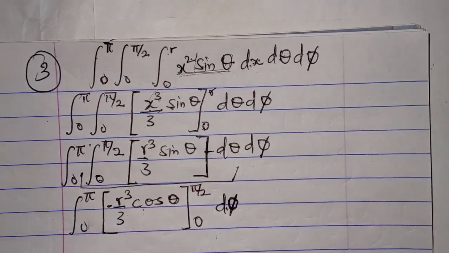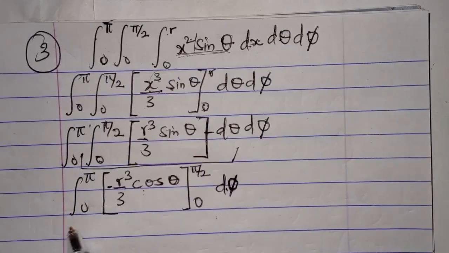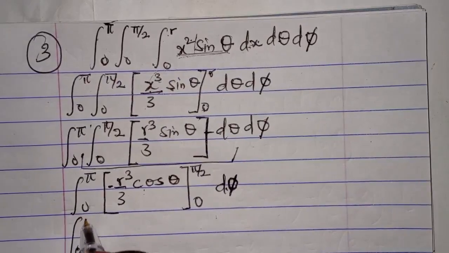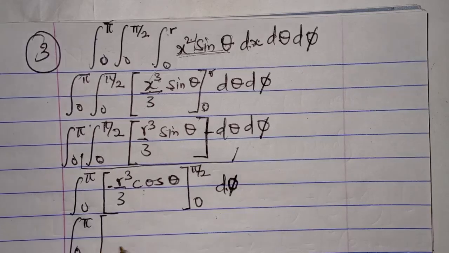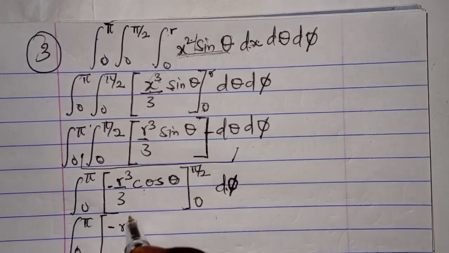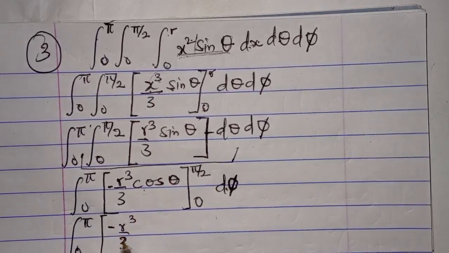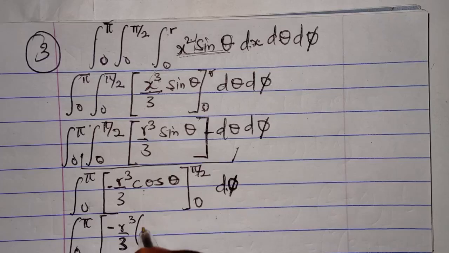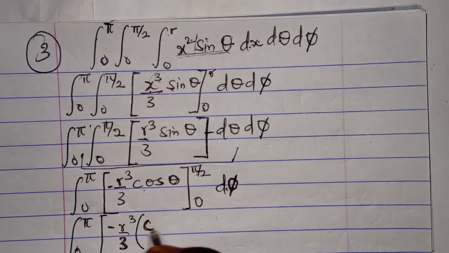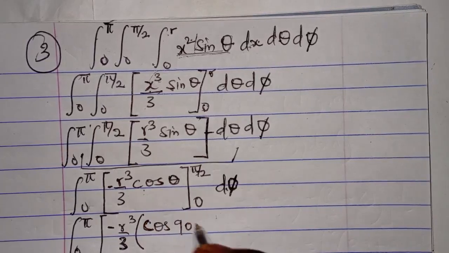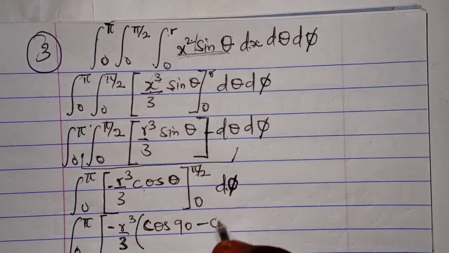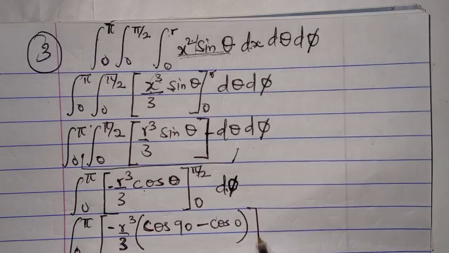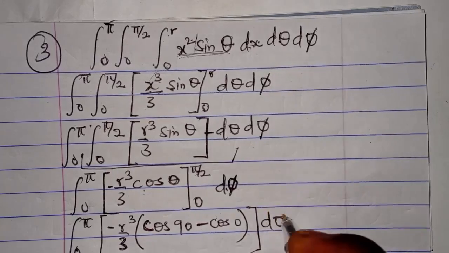We plug in the upper limit for theta. We have the integral from 0 to pi. Okay, minus r cubed all over 3. We take it as a constant. Then plug in pi over 2, which is 90, cos 90. Then we'll now plug in 0, cos 0, d phi.